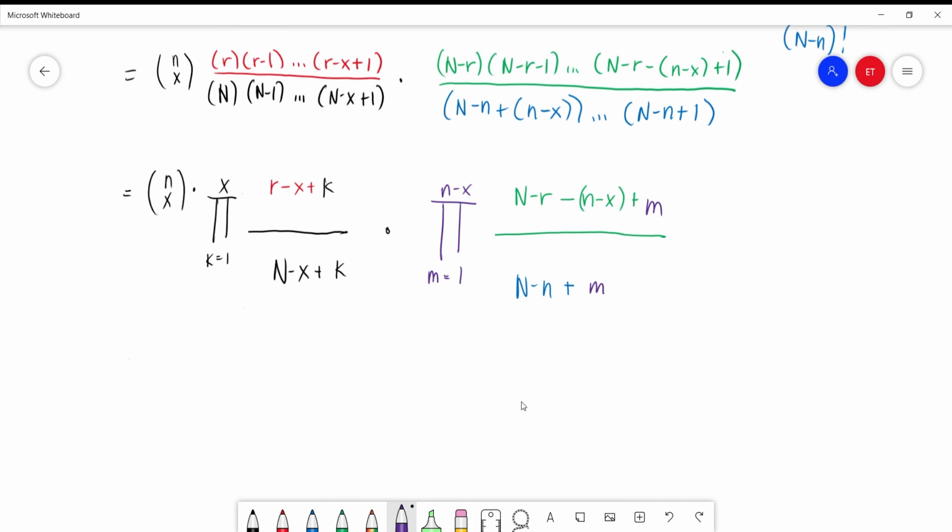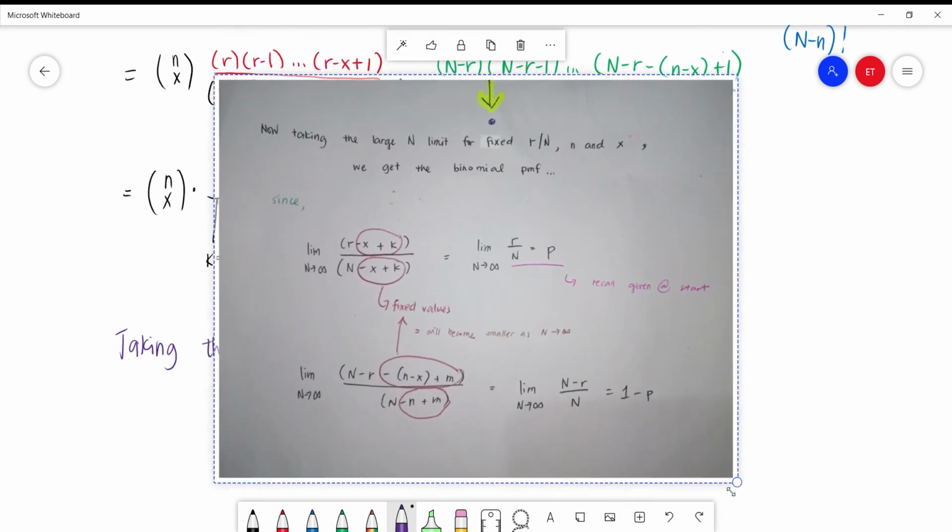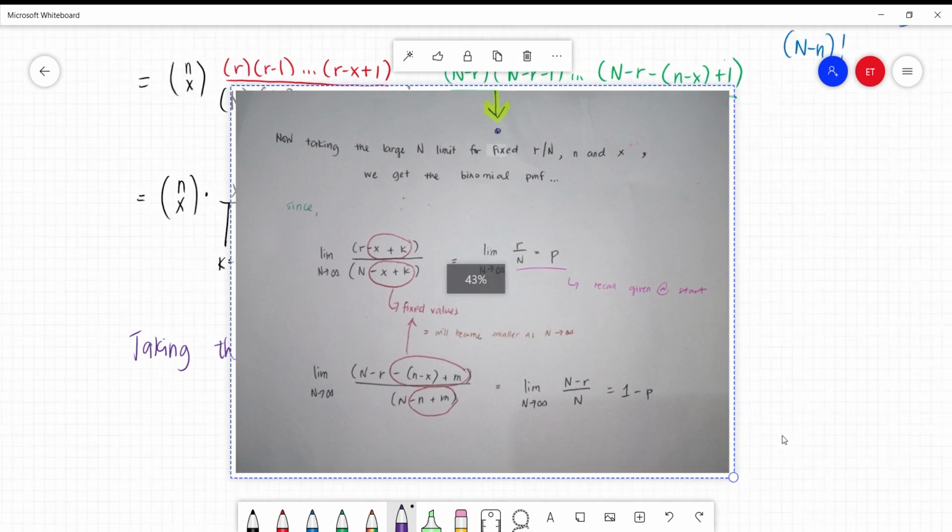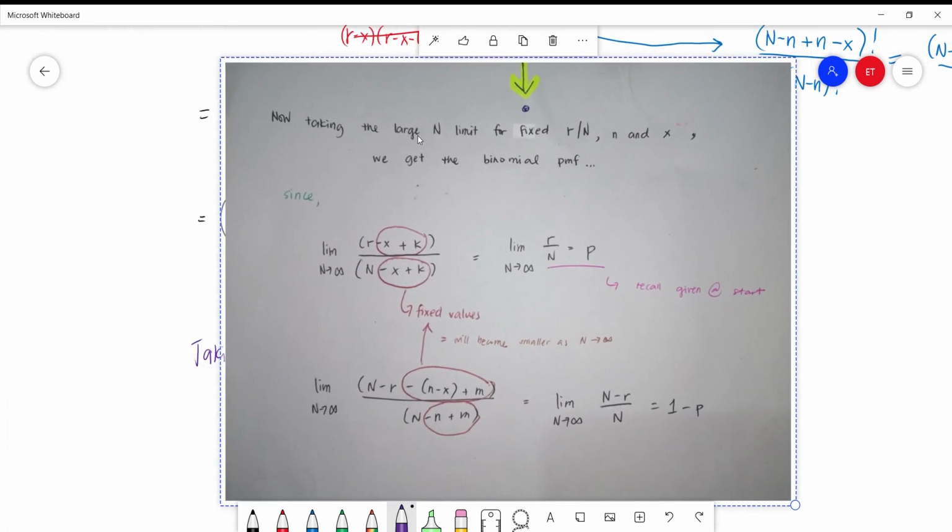We are now nearing the end of our proof. Taking the limit as big N approaches infinity, we have this one. We know that we have fixed values for r over big N, small n, and x. So as n approaches infinity, we can ignore these values here because they will become smaller and smaller as n approaches infinity.